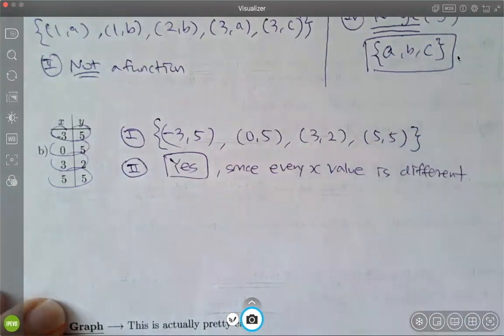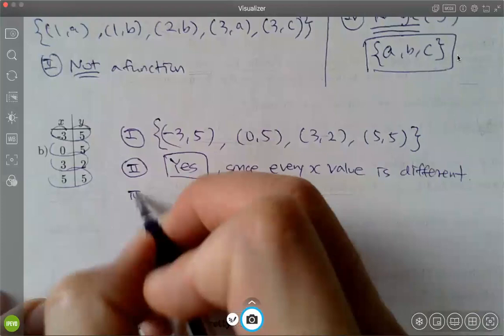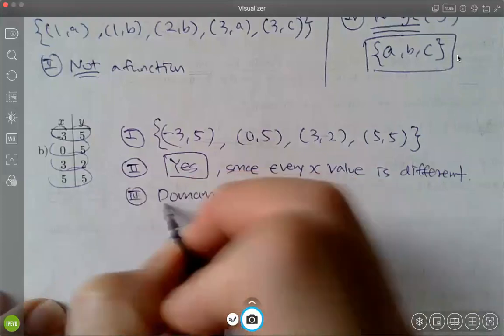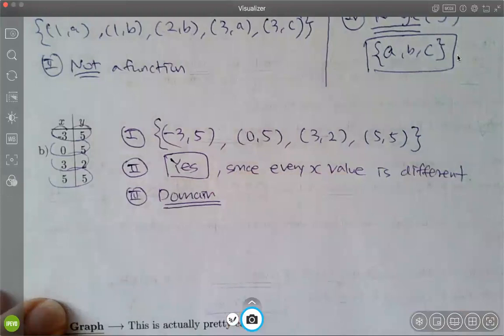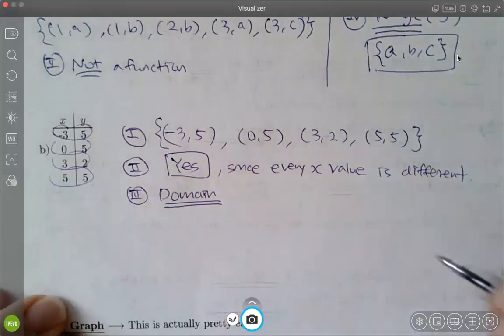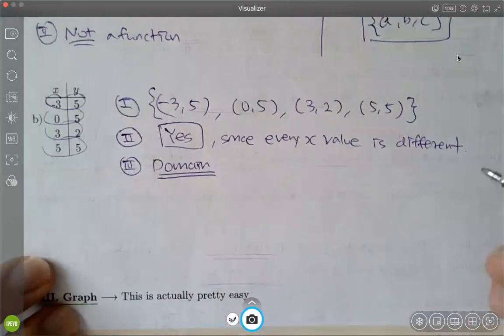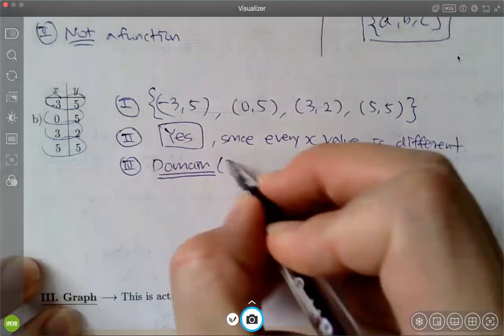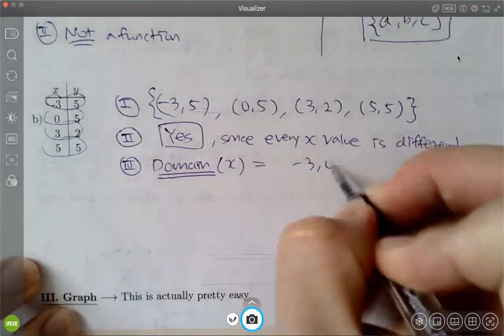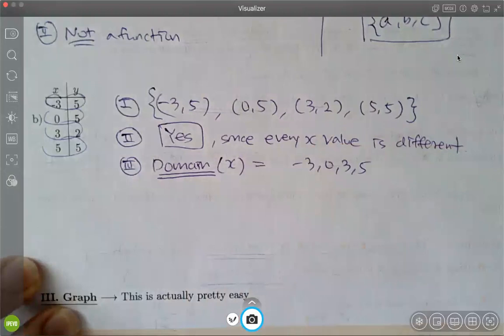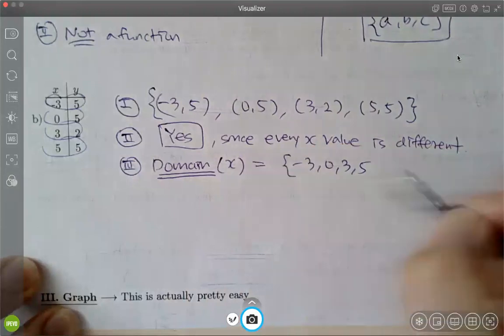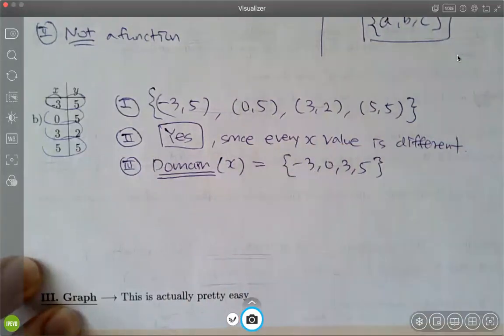Now, what is the domain? -3, 0, 3, 5. The domain is the x values, so it's -3, comma 0, comma 3, comma 5, and then include them inside a curly bracket.